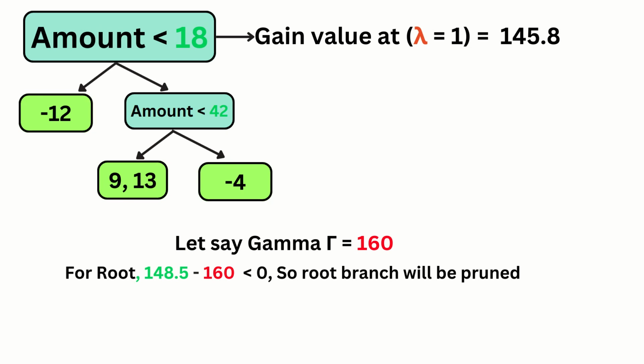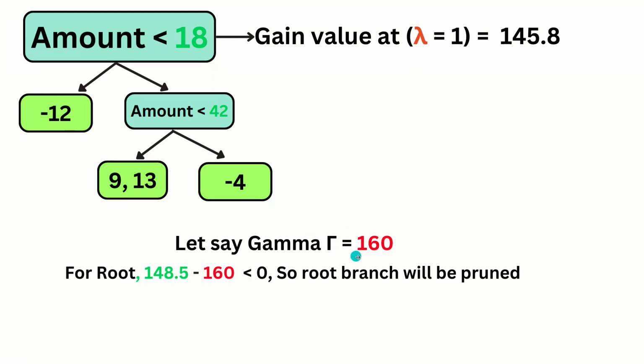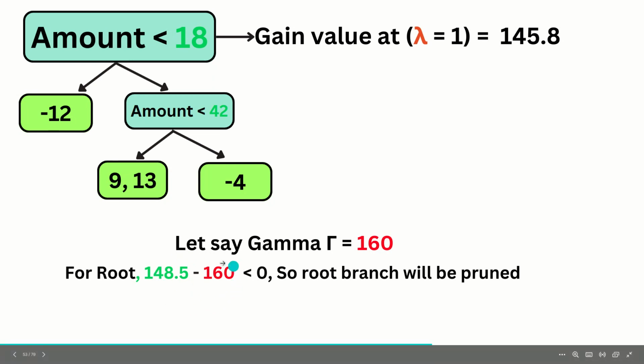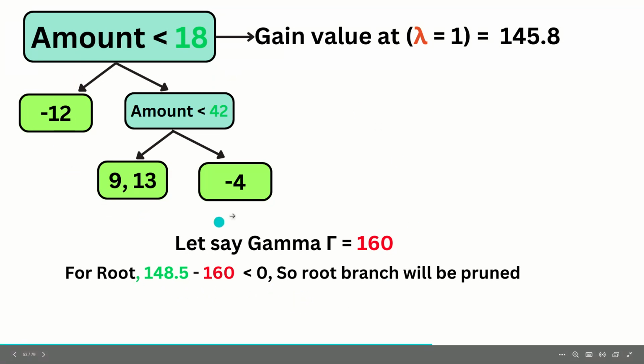Now again, let's prune the tree with the updated value of gain with lambda equal to 1. Let's assume the value of gamma to be 160. Now we will subtract gamma from gain, so the value will be a negative number, so we will remove the branch.